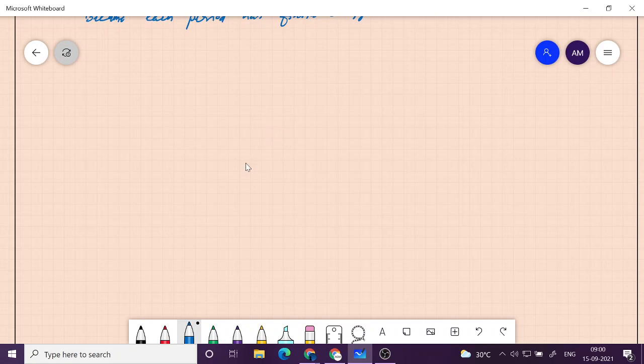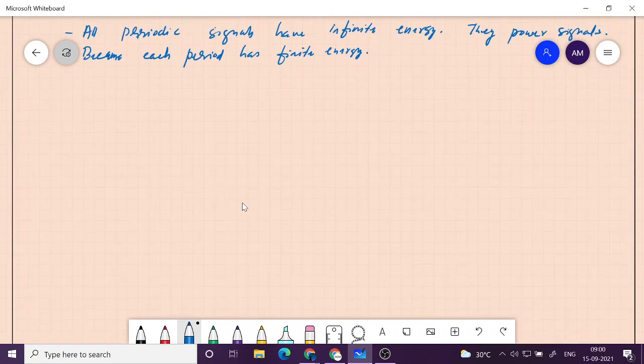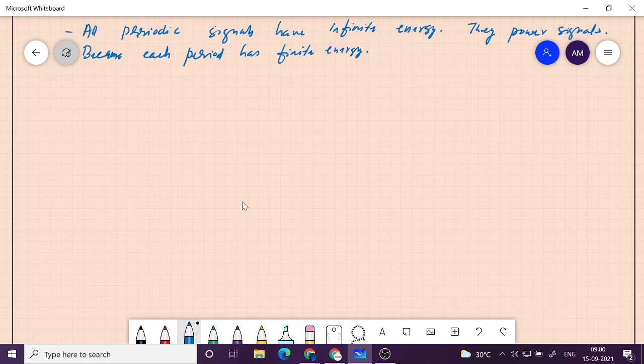Then, one more example I want to give in the case of a discrete time signal. So, a discrete time periodic signal example. You can have combinations of different discrete time periodics. Let's say x of n.